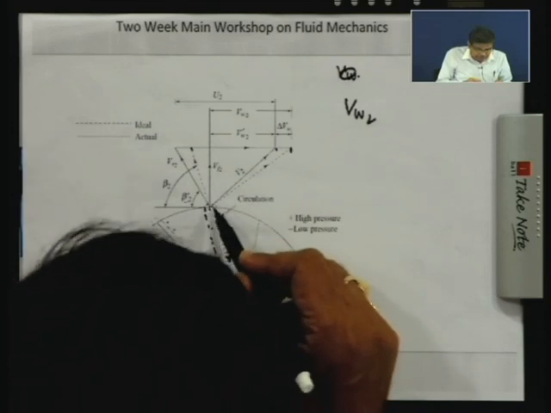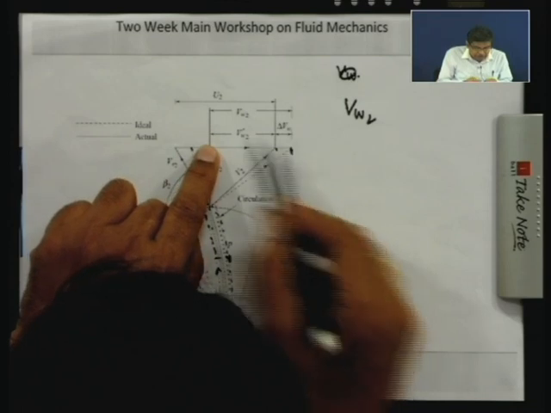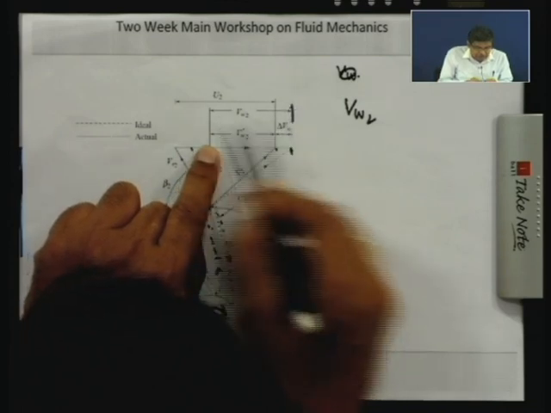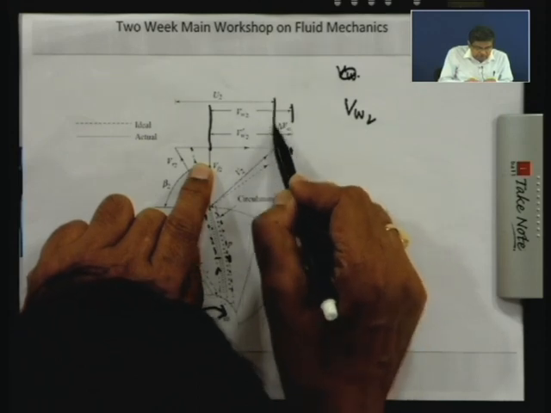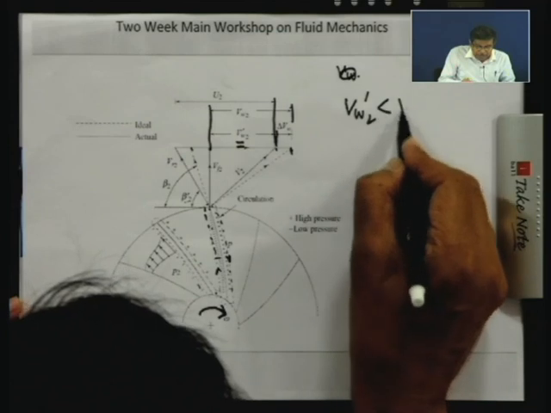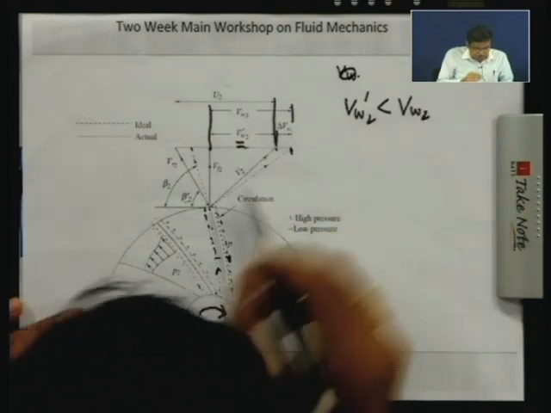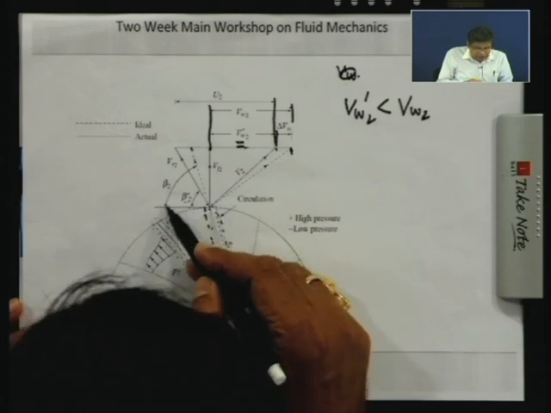Earlier how much was it? The Vw2 is this much, from this to this, and now it is this much, Vw2 dash. So, therefore, Vw2 dash is less than Vw2. Because of this shift, beta 2 dash is less than beta 2.